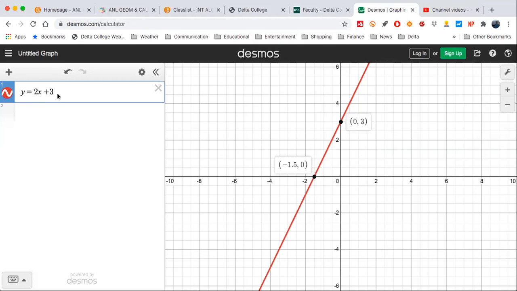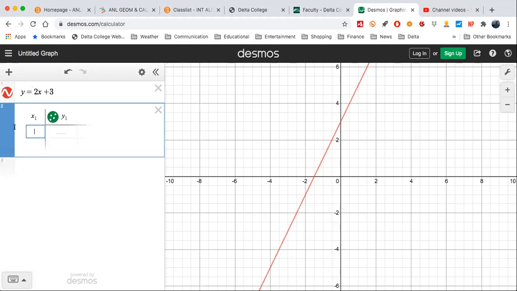But in reality, if we're working with data, it's probably not going to be all that nice and neat. So what you might have is a table of values where they give you an x value and a y value, and they might not match up in a perfectly linear way. So in Desmos, I'm going to add a table, and notice that they label them x1, y1.